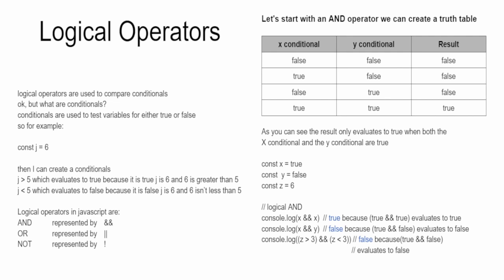Console log X and Y gives false because true and false evaluates to false. And console log Z is greater than 3, and Z is less than 3, evaluates to false because it evaluates to true and false, which evaluates to false.